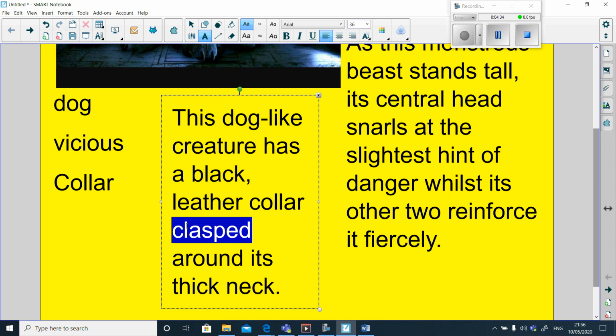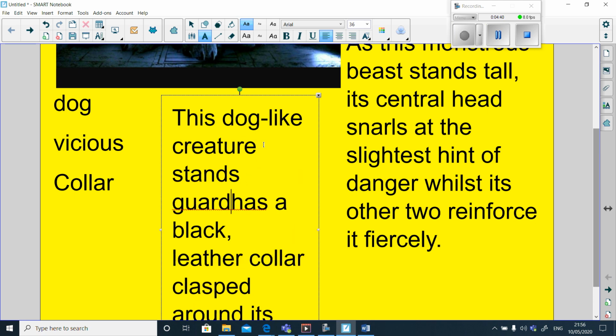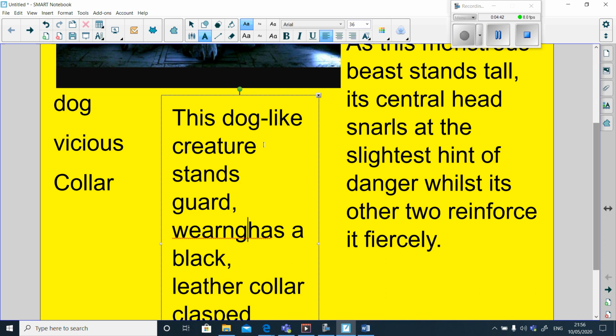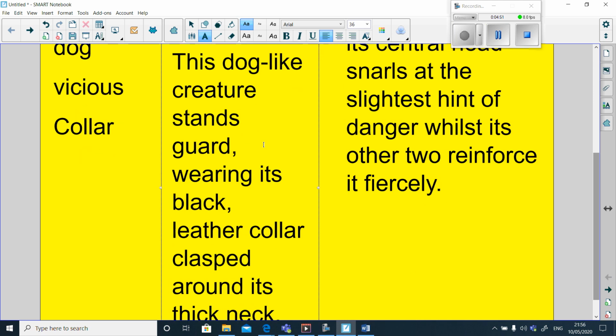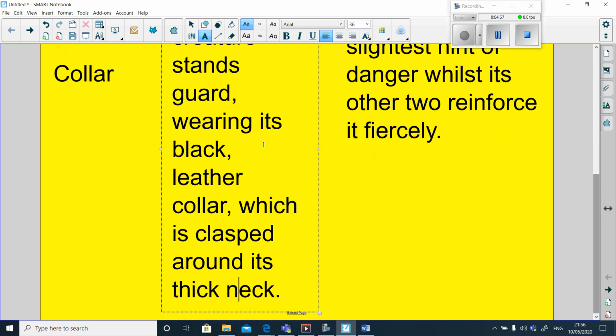So, this dog-like creature stands guard, wearing its black leather collar. I'll even get a relative clause in there, which is clasped around its thick neck, and I'll make it embedded.